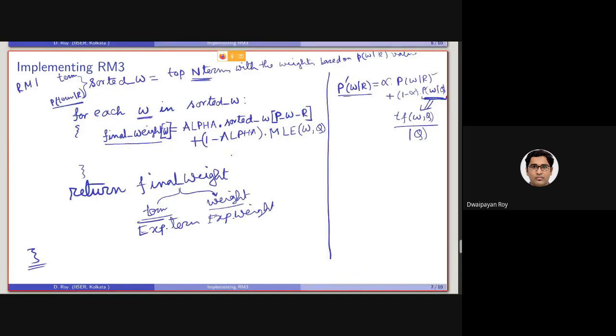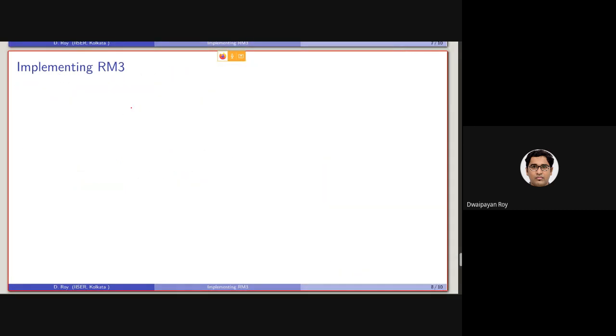One thing I must say, that in this model, let me write the equation once again.